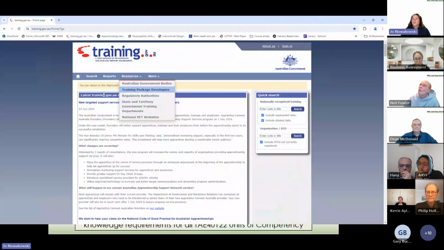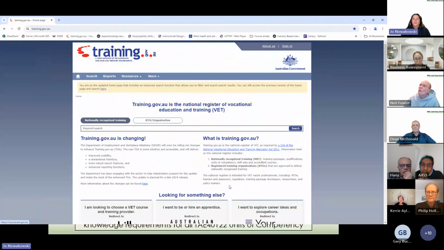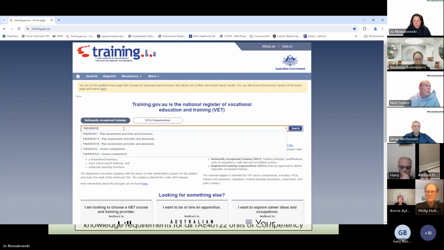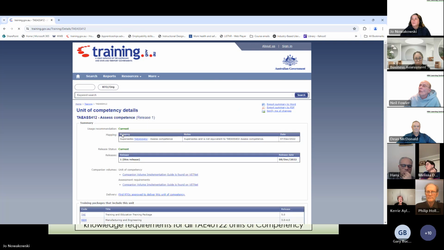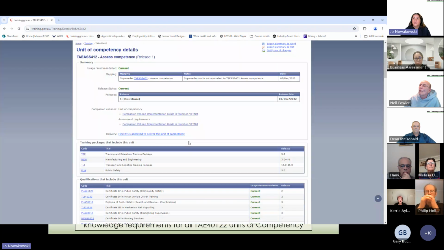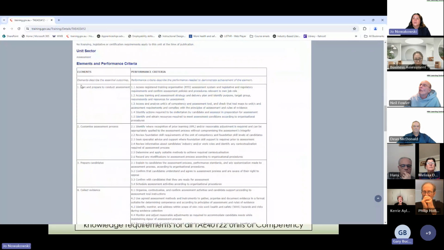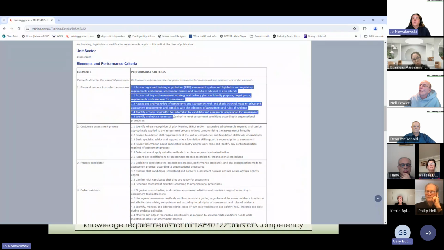Okay, if you are on training.gov.au, and if we looked up a unit of competency, I would go down and have a look. So the elements are here. So that's what we put in the dark gray area. And 1.1, we copy and paste from here.